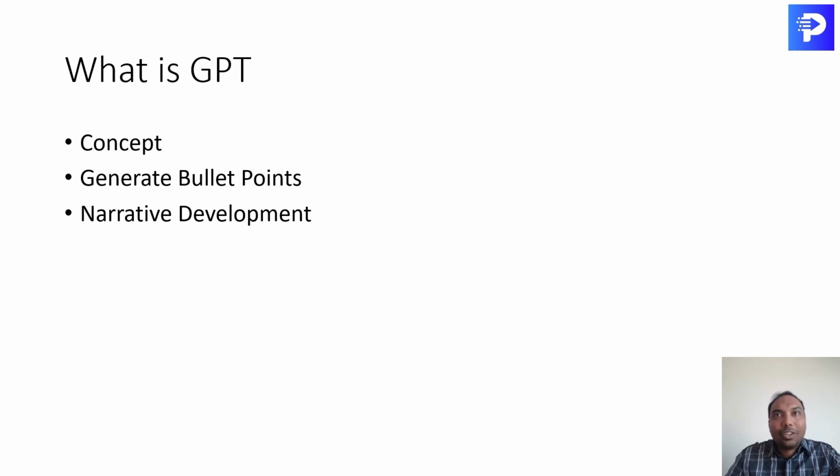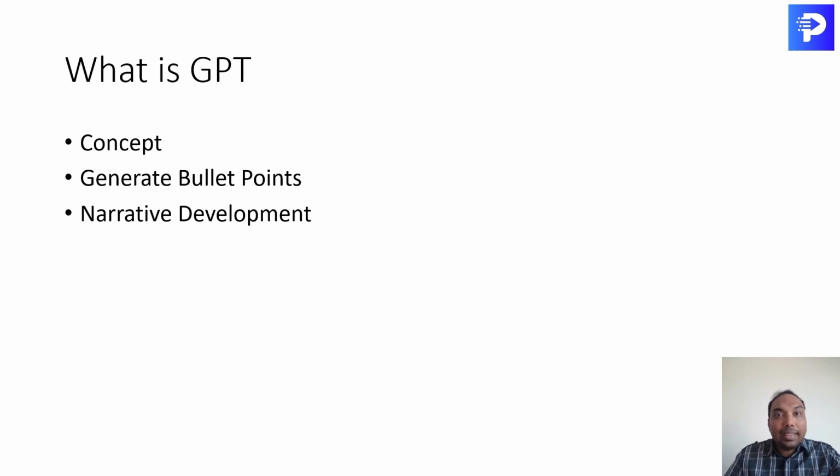Now, for narratives, GPT crafts a storyline or explanation that supports the bullet points, providing depth and context. This narrative can serve as speaker notes or a script, guiding the presenter through detailed discussions on each bullet point. It also ensures a smooth flow of information, connecting the dots between the listed bullet points and elaborating on them to enhance understanding.